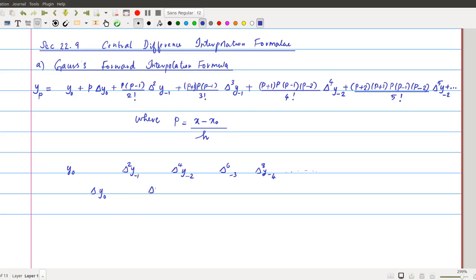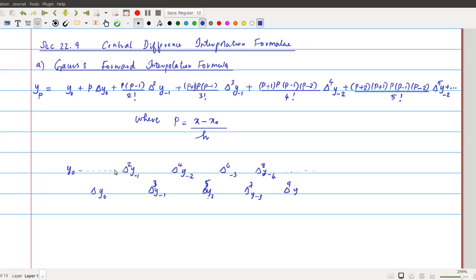This is delta y naught. Here we write again delta y minus 1, delta y minus 2, delta y minus 3, etc. with the powers 1, 3 and 5, then 7 and 9, etc. So we have written y minus 1, delta y minus 1, delta y minus 2, delta y minus 3, delta y minus 4, etc. in the center line.